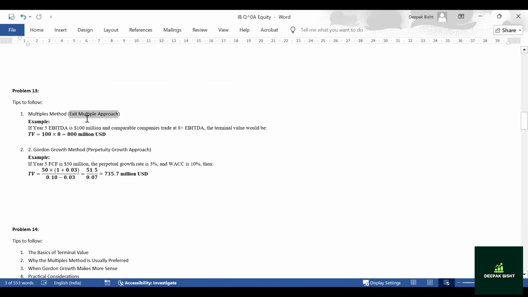This method is market driven and reflects what the buyers are willing to pay. The pros are that it's intuitive in nature and aligned with market realities. But the drawback of this approach is that it's sensitive to the chosen multiple and less tied to the intrinsic growth assumptions. Intrinsic growth assumptions mean at what rate the company is going to grow in future.